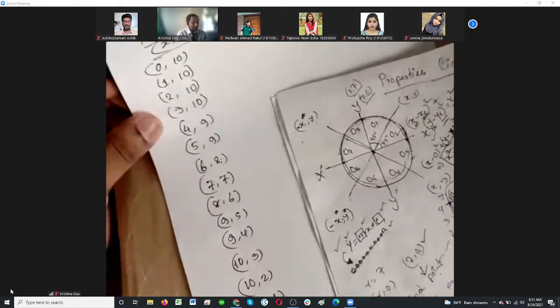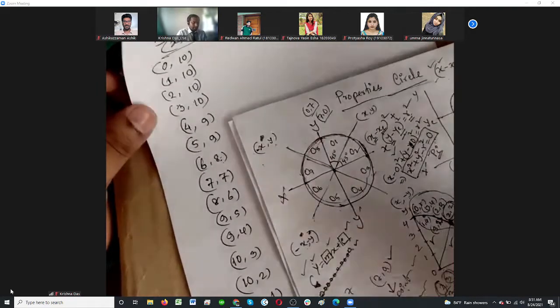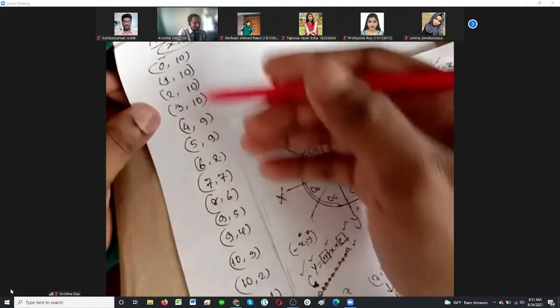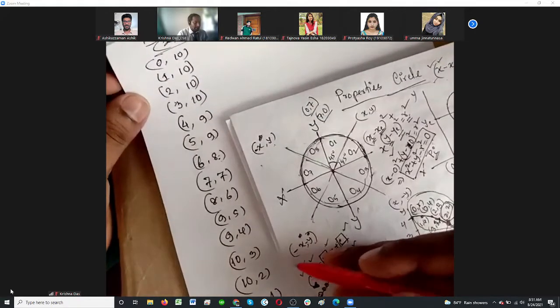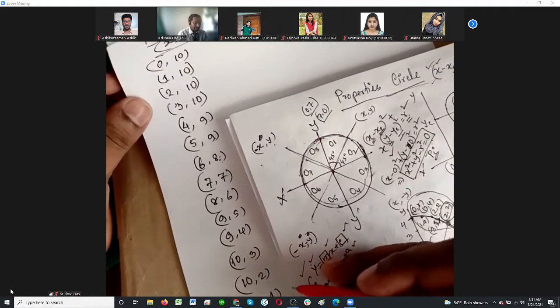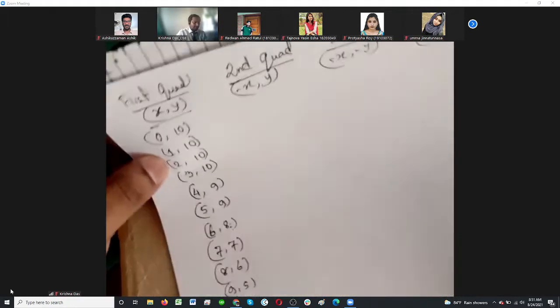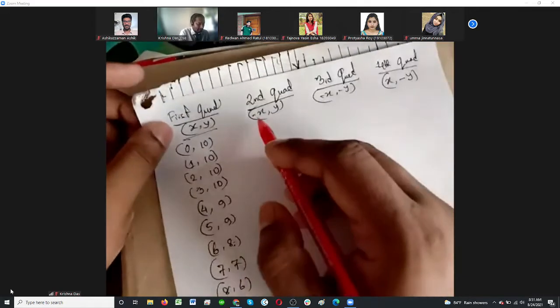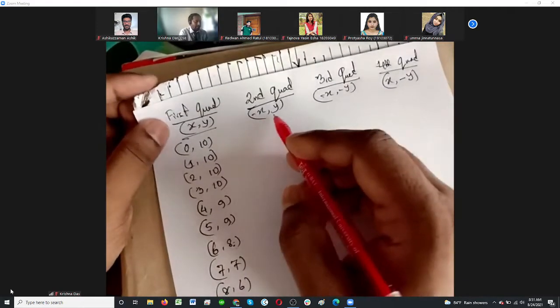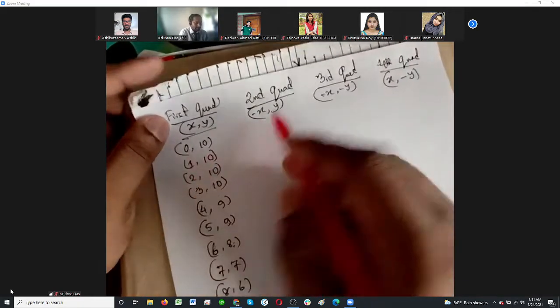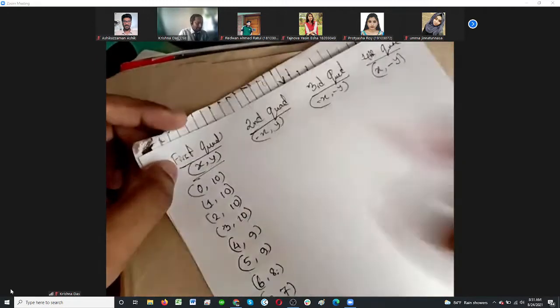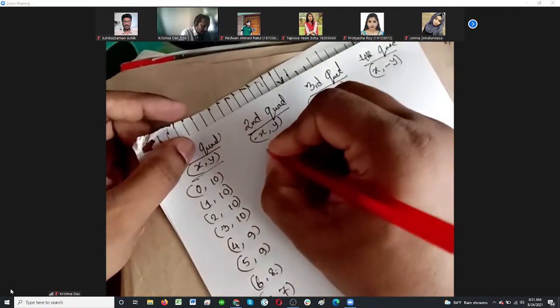Now, the easy way: if we just change the sign of the x and y coordinate values, then we'll get the second quadrant points, that is minus x and y. 0 and minus x and y is 0, so it does not make any change.